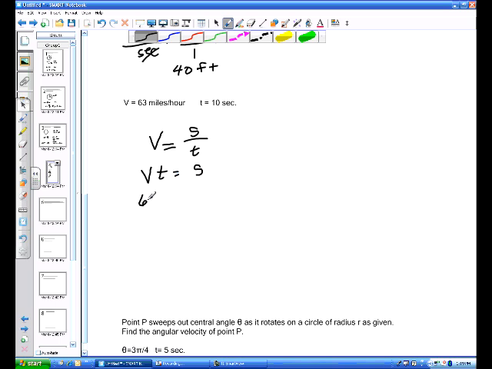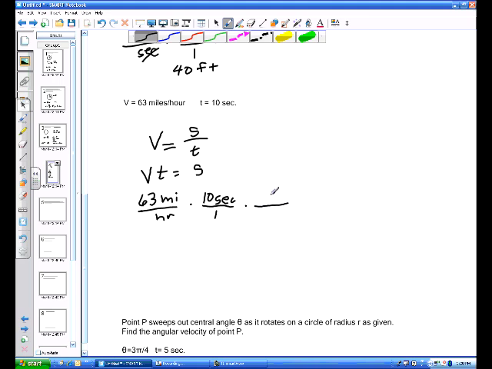Now here we've got our velocity of 63 miles per hour, but our time is 10 seconds. So what we're going to have to do is put another conversion in here of changing our hour to seconds. We're going to put it within the problem, but we're going to do our conversion in 1 hour.